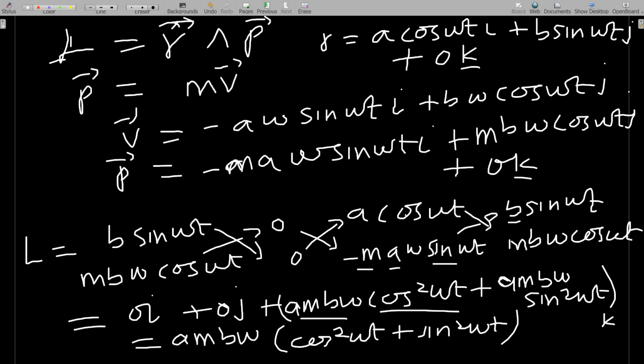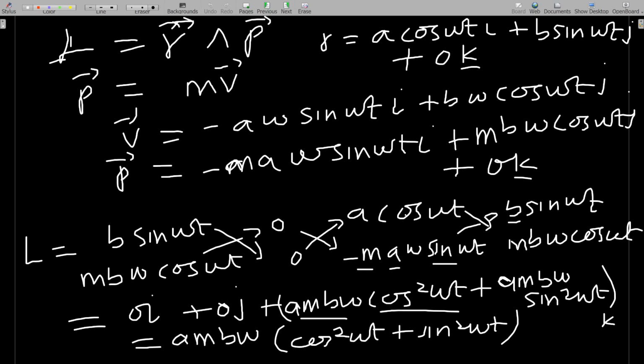So my angular momentum is equal to a m b omega, and that is all, in the K direction. Or if you want to write the mass first, you get m a b omega in the K direction. Some books wouldn't write the K because it's just one direction.